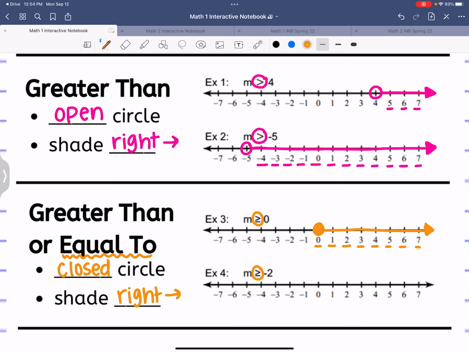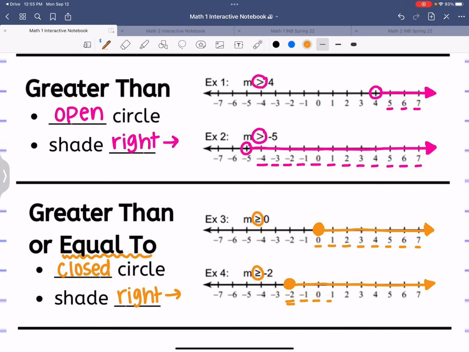Example 4. M can be any number greater than or equal to -2. We will locate -2 on the number line with a closed circle, and everything greater than that is to the right. -2 is equal to -2, and everything to the right is greater than -2.